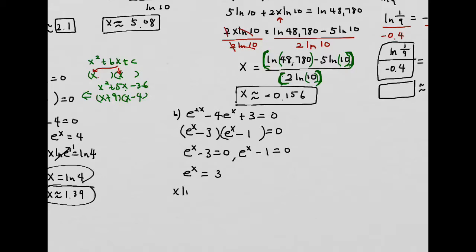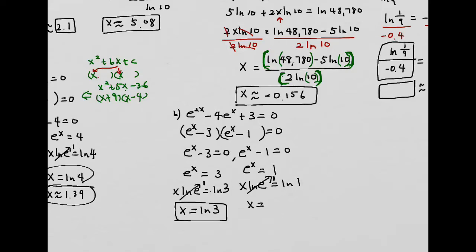And multiply both sides by natural log. And we know this equals 1. So x equals natural logarithm of 3 for one solution. The other one, let's see if I have a solution for that one. You multiply natural logarithm to bring down the exponent, and ln e is 1, so x equals ln 1.